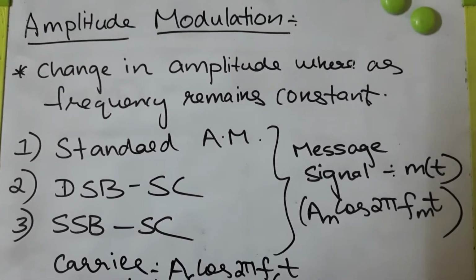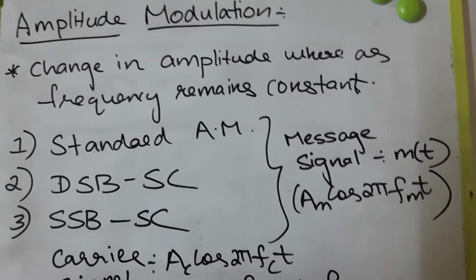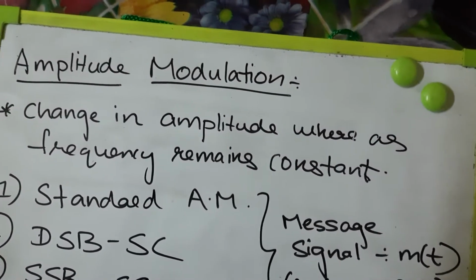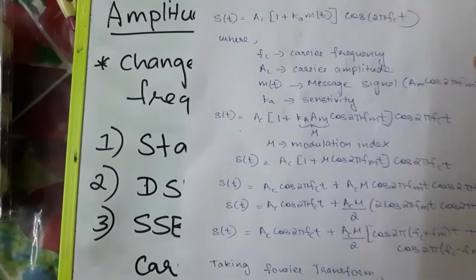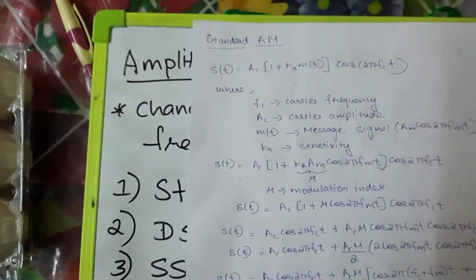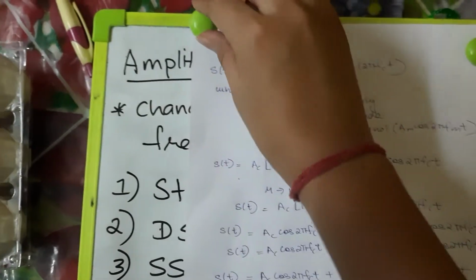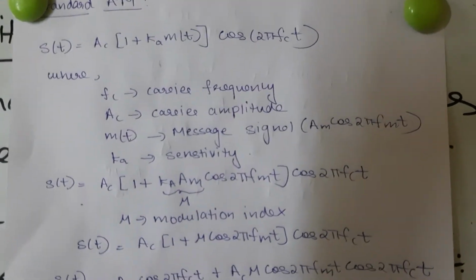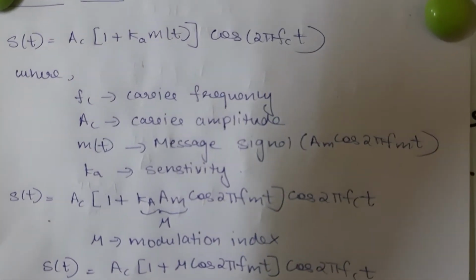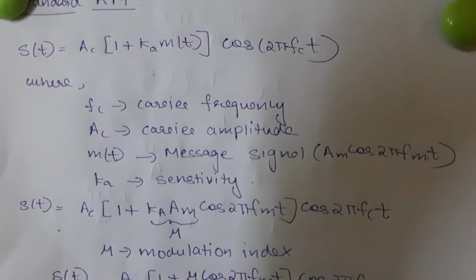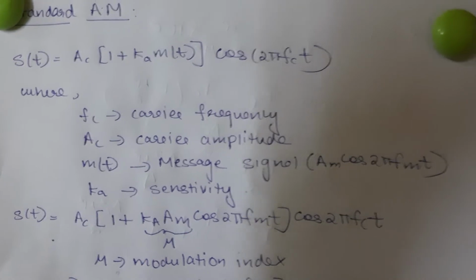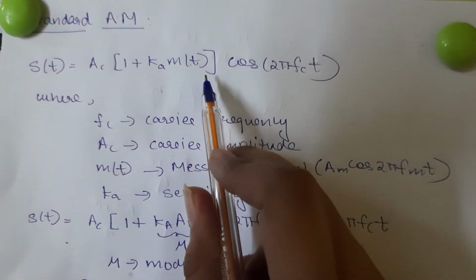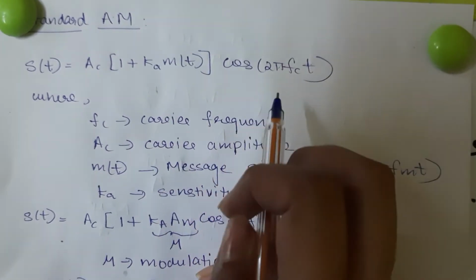Now let us start with the first type, known as the standard AM. Now the standard AM signal is defined as s of t equal to Ac into 1 plus Ka m of t cos 2 pi fc t.